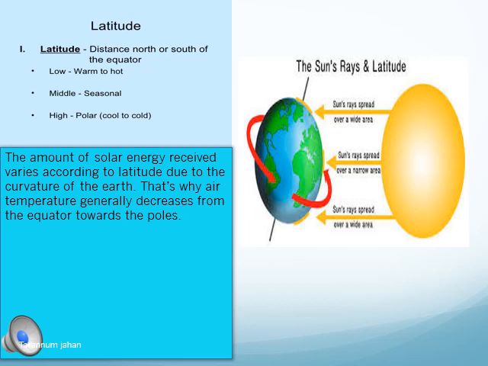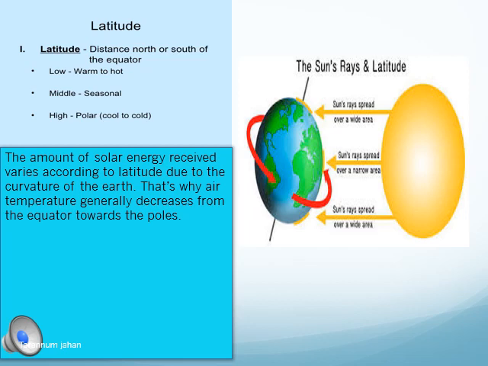So why are these regions having cold weather? Because the solar insolation, that is nothing but the sun's rays, the solar insolation is not direct to them because of the curvature of our earth. The earth is slightly curved, it is not straight, and because of this the poles do not receive the rays properly, they receive rays which are very light.